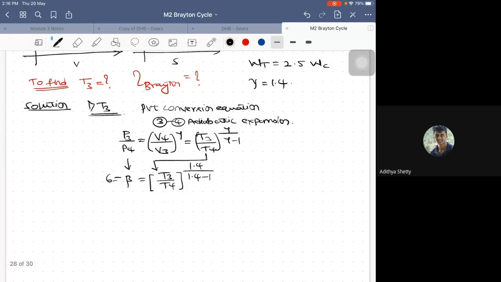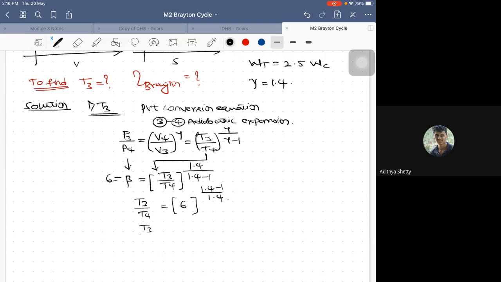So just keep it in terms of T3 by T4 as it is. T3 by T4 is equal to 6 to the power of 1.4 minus 1 divided by 1.4.